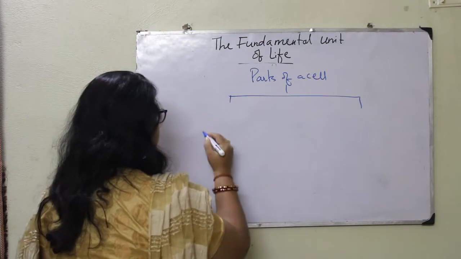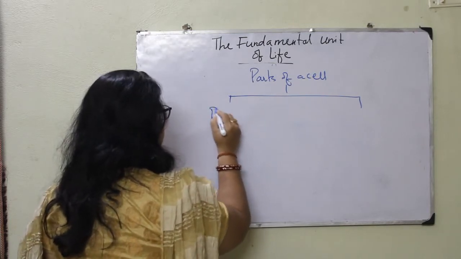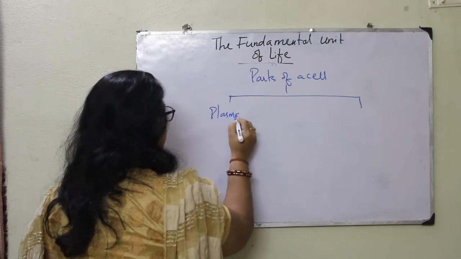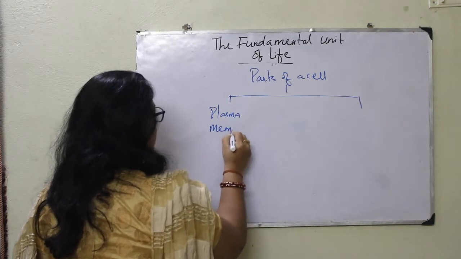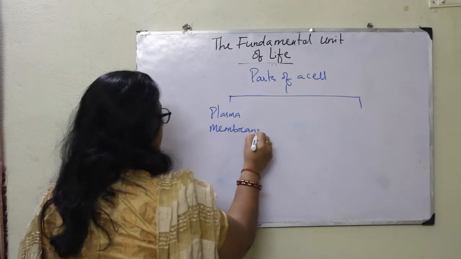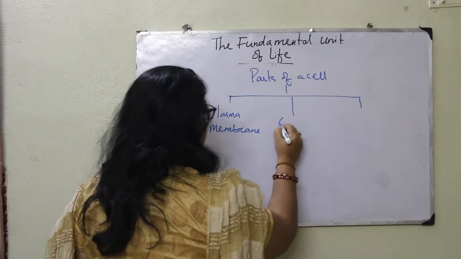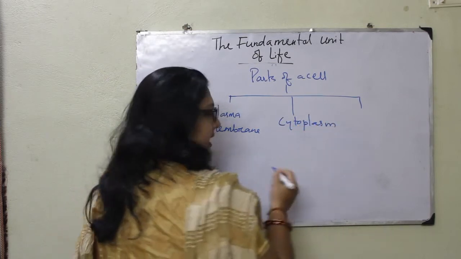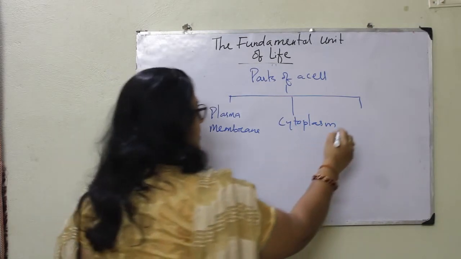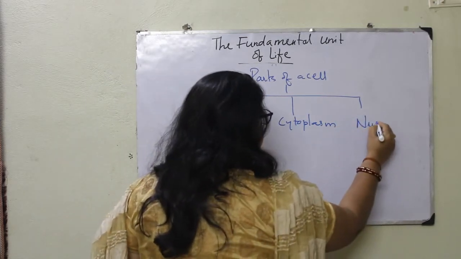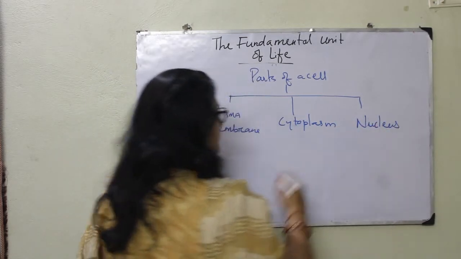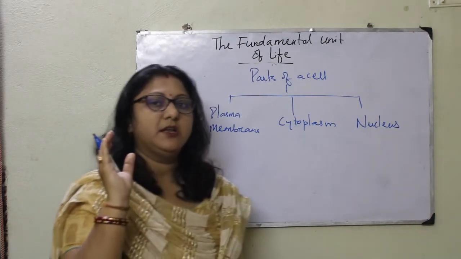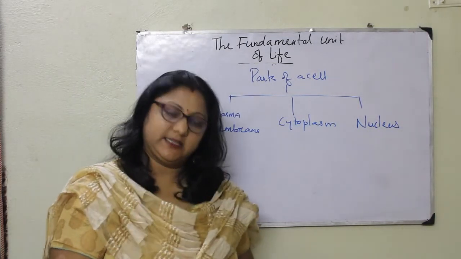Clear? So the first one is the plasma membrane. Okay, the second one is the cytoplasm, and the third part is called as the nucleus.